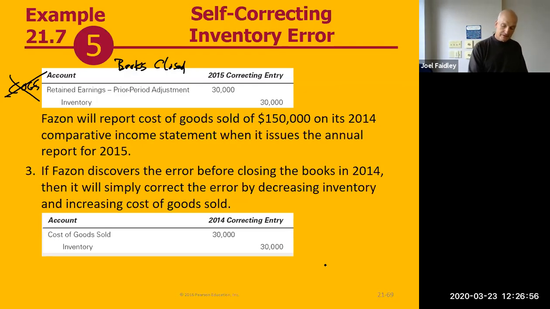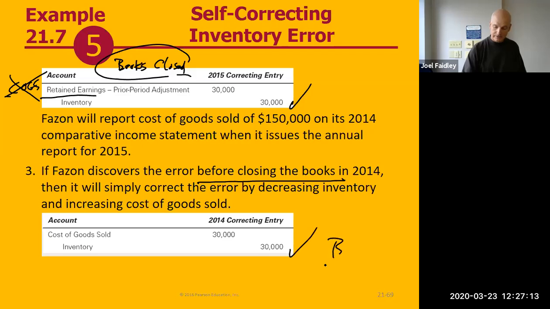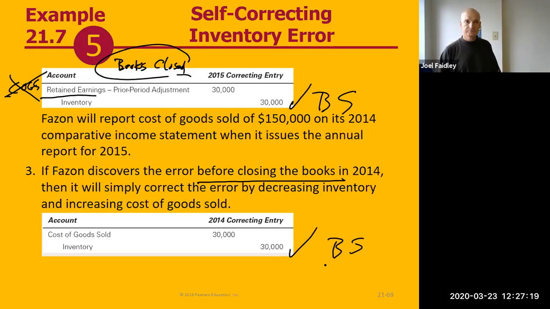If they discover this before closing the books in 2014, it's simple: put it to cost of goods sold. But when the books are closed, you've got to go to retained earnings. Still inventory. You've got to get your inventory adjusted right because that's a balance sheet account. But you can go against cost of goods sold if the books are open.